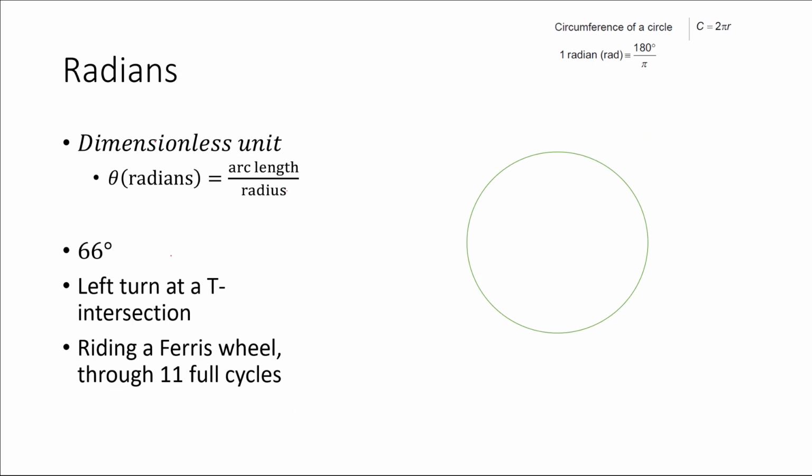We want to first define our unit of angle whenever we're going in circular motion. We don't usually use degrees. We usually use this unit called radians. Radians are a dimensionless unit. They're defined as arc length, which is distance around the circle, maybe I'll call that S, divided by the radius R. Because they're defined as a length over a length, meters over meters, they don't have any units.